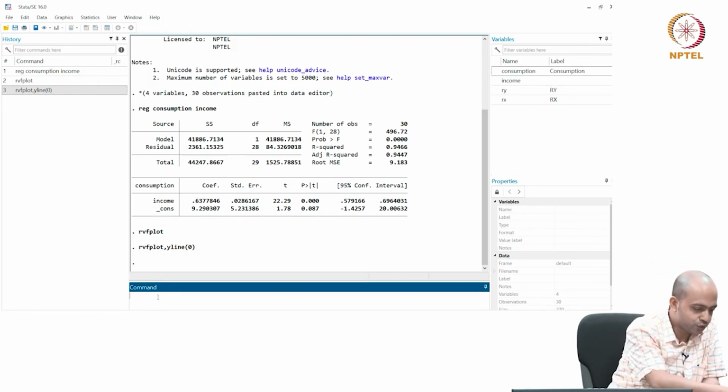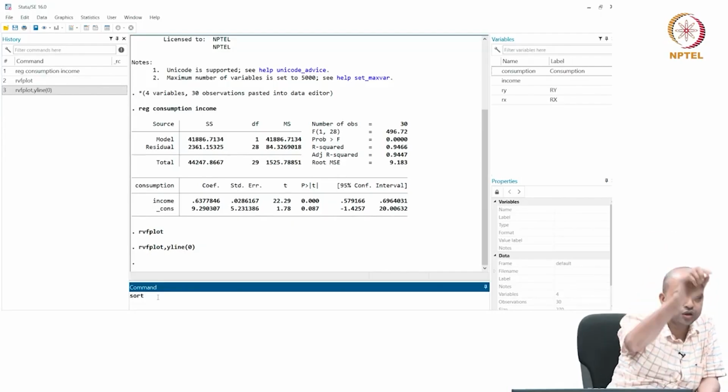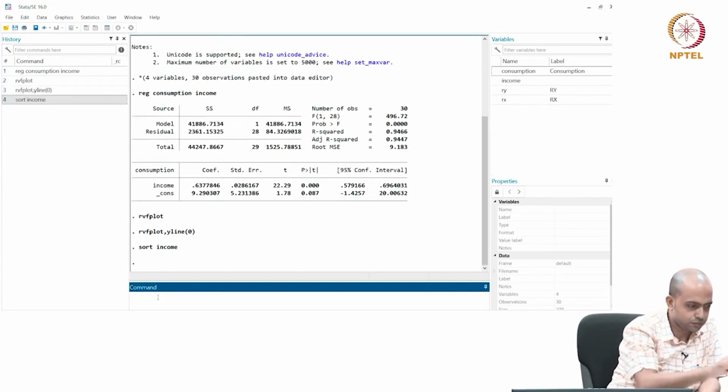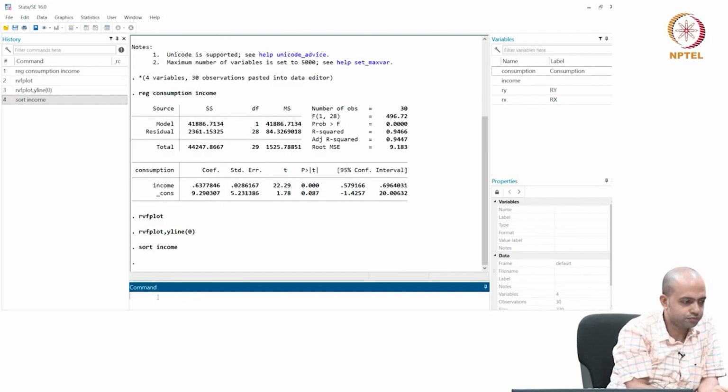How will you do that? You put this command, sort x, and here sort x means sort income.